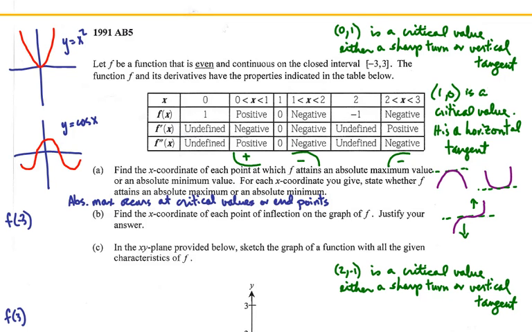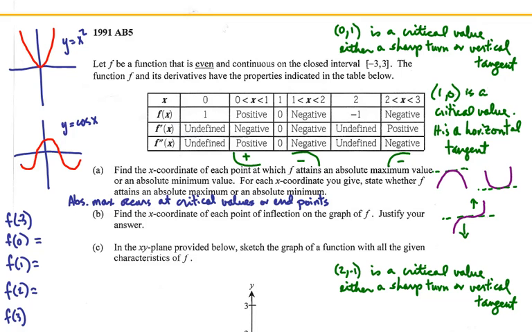And then we had critical values also at x equals 0, 1, and 2. So that gives us a total of 5 candidates for the absolute maximum and absolute minimum. The largest of these will be the absolute max, the smallest will be the absolute min.